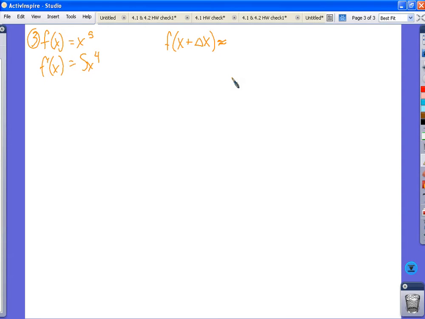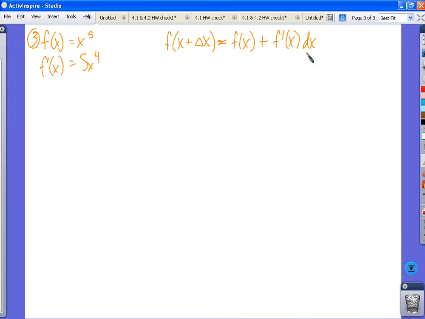Its y value can be found with f of x. That's your original y value, your baseline. You're starting there, and then you're going to add a little bit: f prime of x times the change in x.